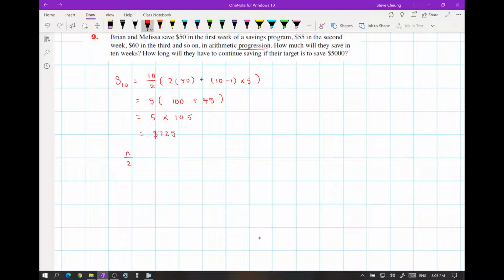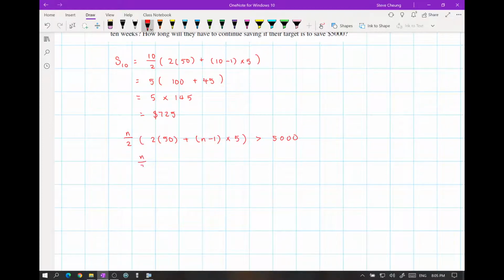Sum of n-term formula. So n over 2 times 2u1 plus n minus 1 d. We want this to exceed 5,000. So here we can manipulate this.